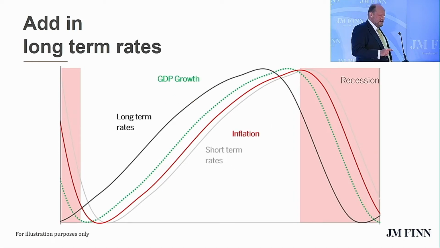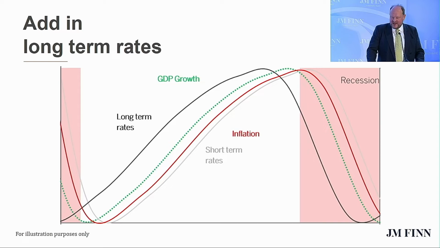Now, long-term interest rates are a bit different, because they tend to anticipate what's going on. Long-term rates, call it 10-year bonds, are traded by investors, so their behaviour is not driven by central banks.